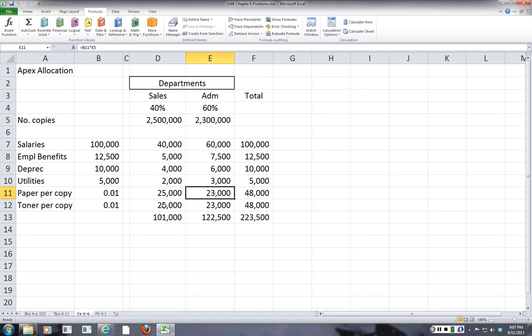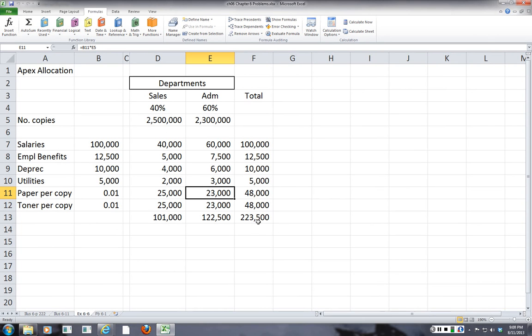We have the same number in the toner copies. So the total cost of the sales is 101,000, and the other is 122,500. And so the total cost for these combined departments is $223,500.